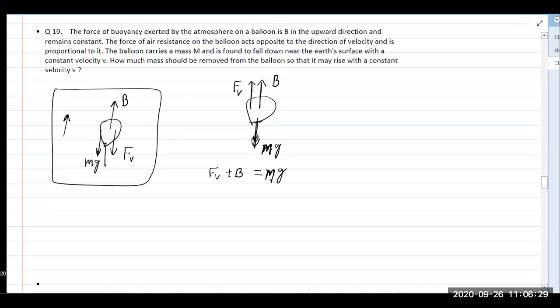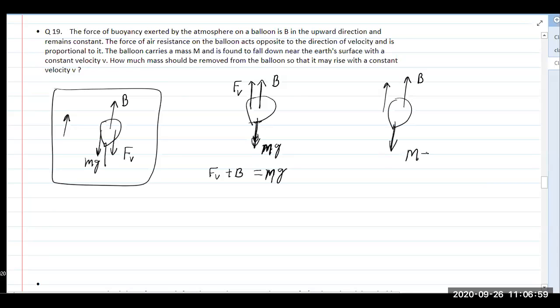Now it says how much mass should be removed from the balloon so that it may rise with constant velocity. For rising, the viscous force will start acting in the opposite direction. Buoyancy always acts upward and the weight acts downward.